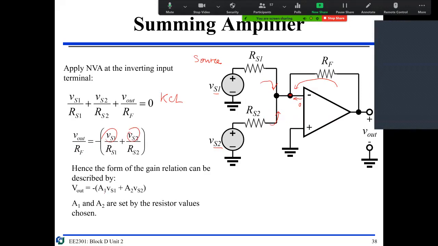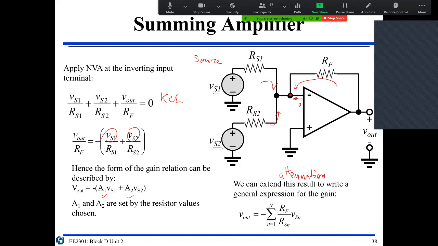So you have two different gains, and those gains can be arbitrarily set. They can be larger than 1 or less than 1. Larger than 1 is called amplification. Less than 1 is called attenuation.